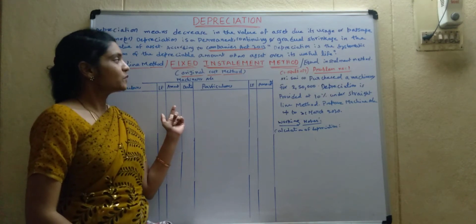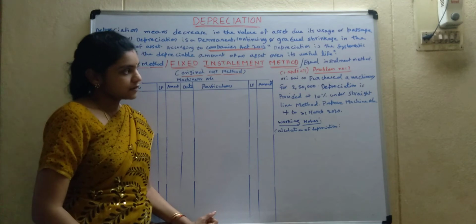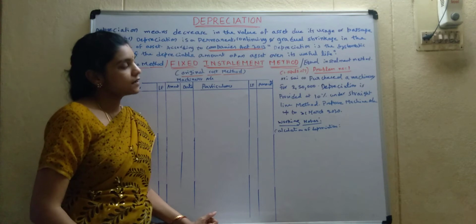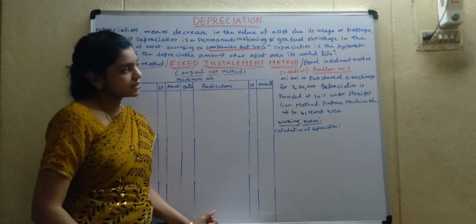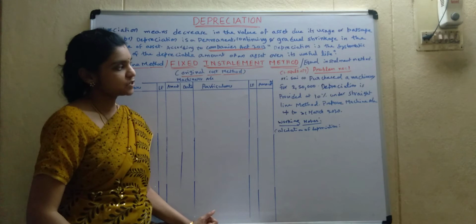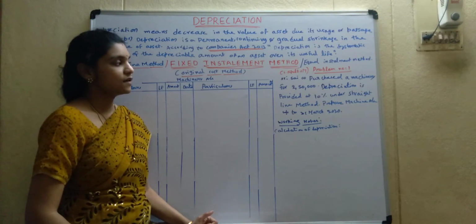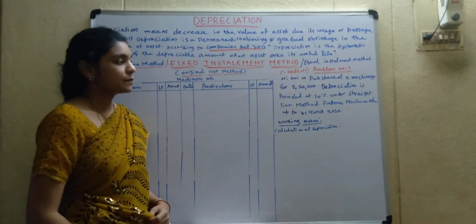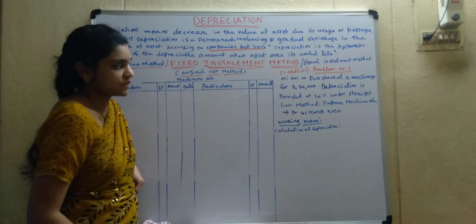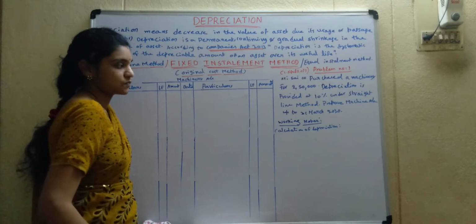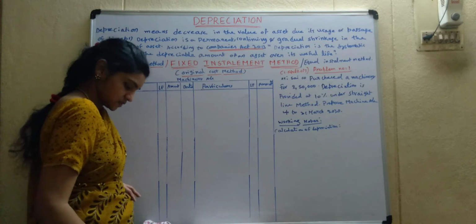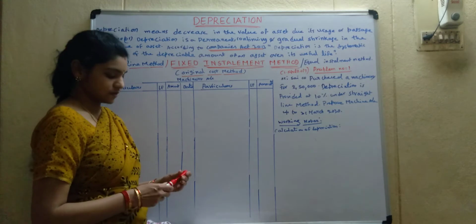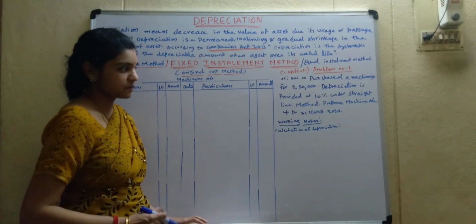These are the points about the fixed installment method. Shall we start the problem? Sri Sai company purchased machinery for 2,50,000. Depreciation is provided at 10% under the straight line method. Prepare the machinery account up to 31st March 2020. They give you problems like this, and you have to calculate the amount of depreciation.